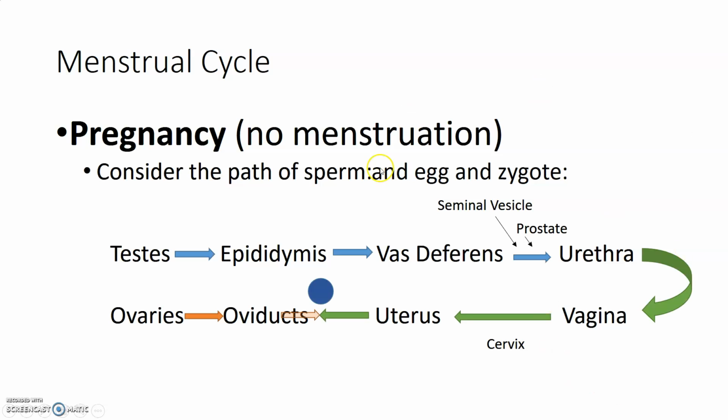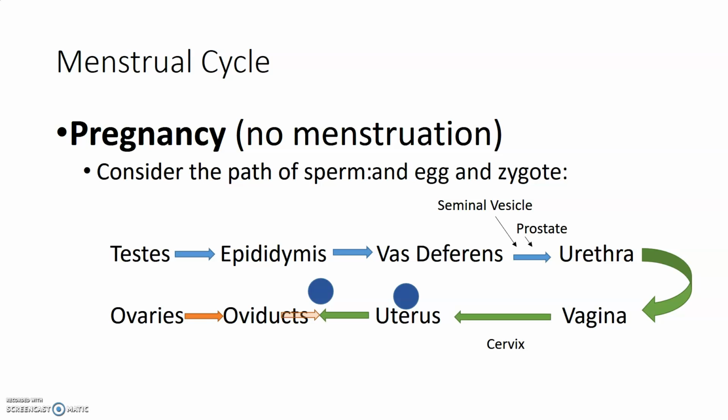So here we have a fertilized egg. That fertilized egg then will move down out of the oviduct into the uterus. That happens mostly, but sometimes that fertilized egg will implant in an oviduct, and that is called an ectopic pregnancy, and that is not a viable pregnancy.